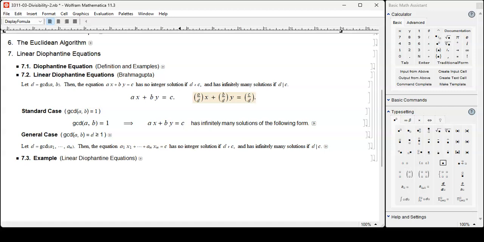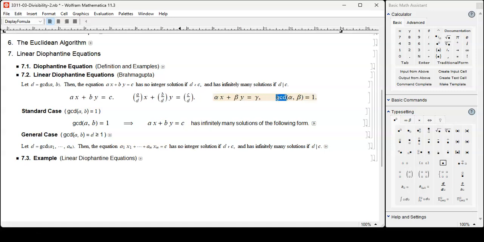We have another linear Diophantine equation, but this time the coefficients are relatively prime. I used up a, b, and c, so alpha x plus beta y equals gamma, where the GCD of alpha and beta is 1.